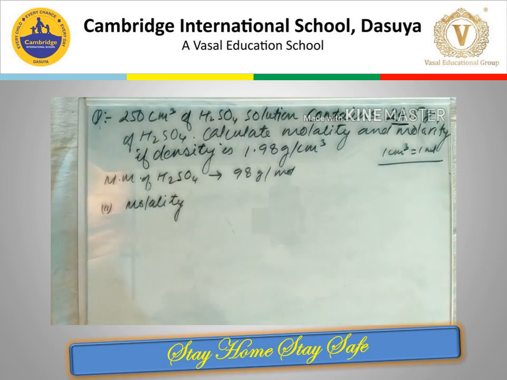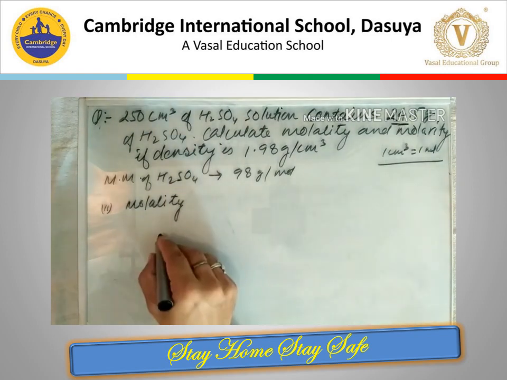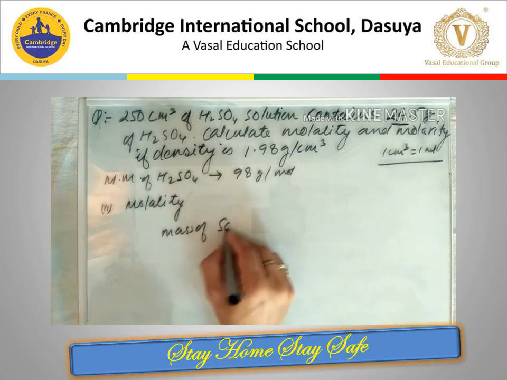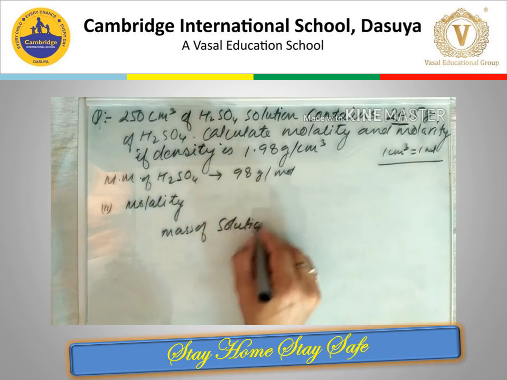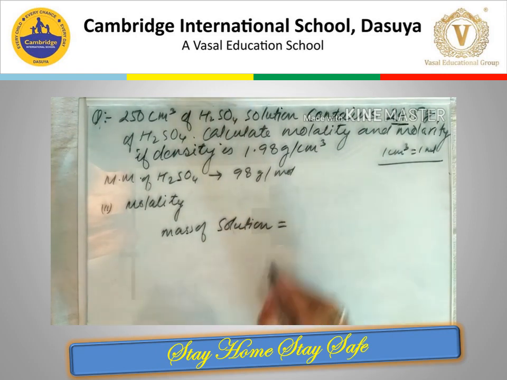Okay, we'll see how we can find this one out. Since we have mass of solution equals volume into density.